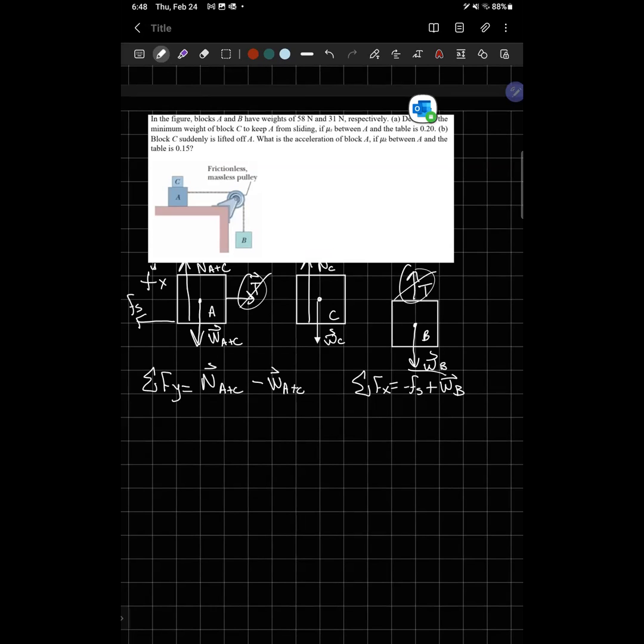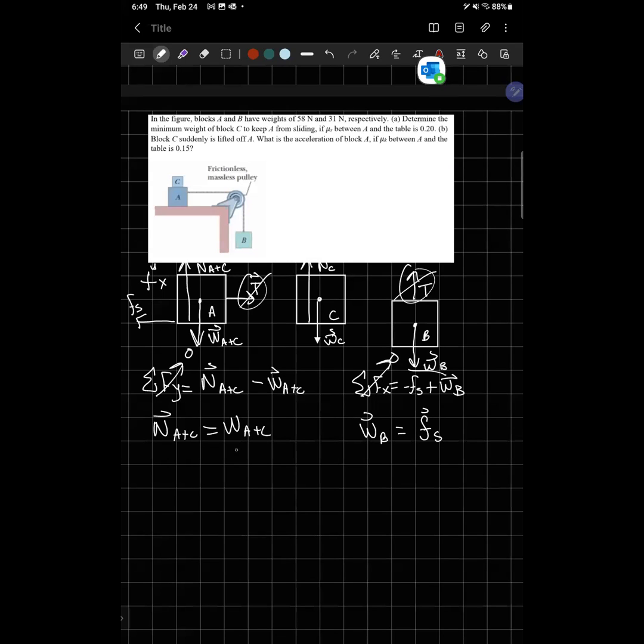And then for A, that should be good. And A is what I care about right now. Since I'm not moving, both X and Y are 0. So that means that normal force of A plus C is equivalent to the weight of A plus C, and the weight of B is equivalent to the static friction.